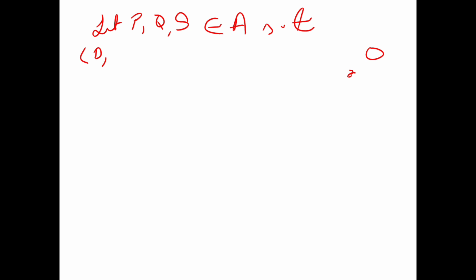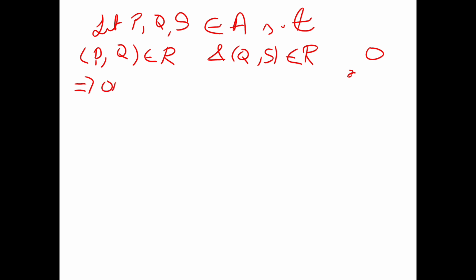P is related to Q. Q is related to S. So here, we check transitive. That means a relationship holds. Distance of point P from origin is equal to distance of point Q from origin.